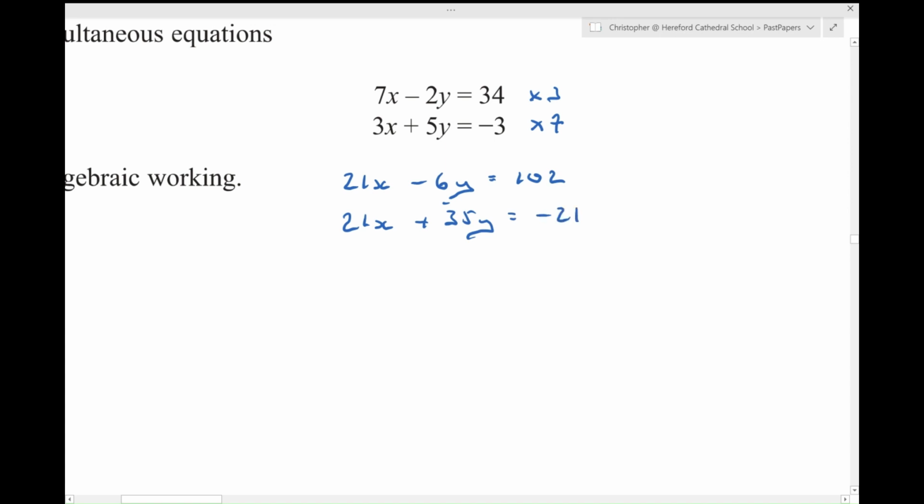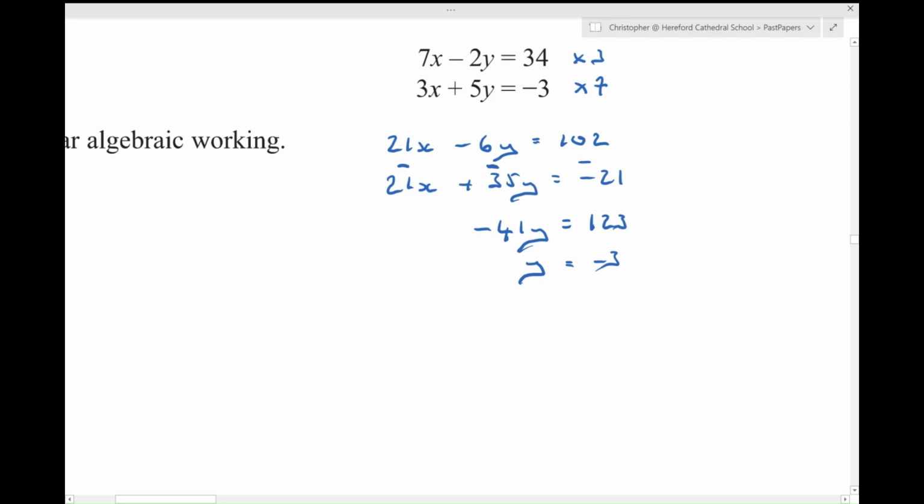Now I'm going to subtract the equations to get rid of the x's. So I'm going to write a minus sign between each to remind me I'm subtracting. So x's go, minus 6y minus 35y is minus 41y. 102 minus minus 21 is 102 plus 21, 123. Divide both sides by minus 41, and I get the answer y is minus 3.